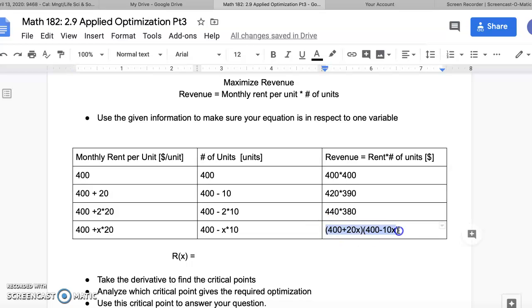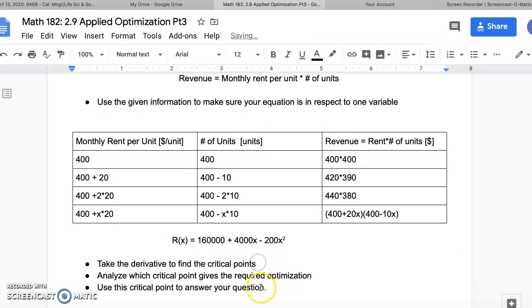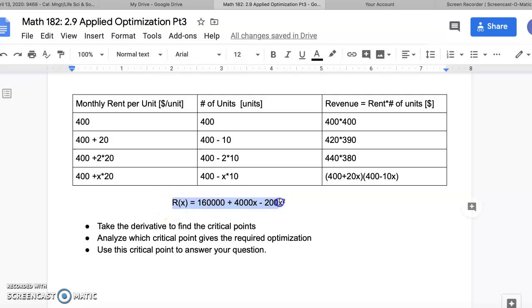So if I go ahead and run this through the distribution, I'll get 160,000 plus, let's see, that'll be a minus 4,000 plus 8,000, so plus 4,000x, and then minus 200x to the second power. Boom. And there you go. That's our revenue function.